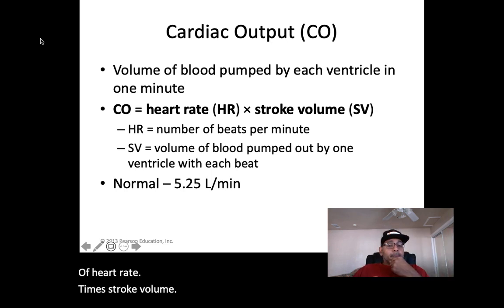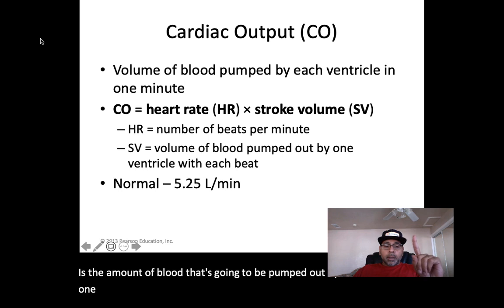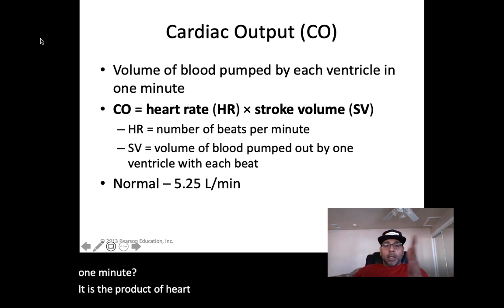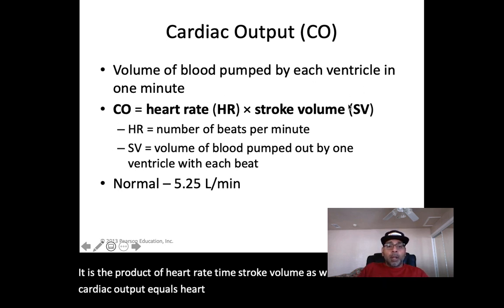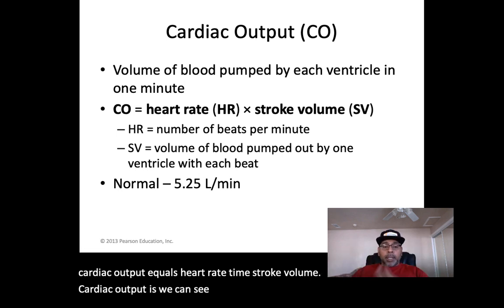Cardiac output is the amount of blood that's going to be pumped out by each ventricle in 1 minute. It is the product of heart rate times stroke volume, as we can see here. Cardiac output equals heart rate times stroke volume. Cardiac output is roughly around 5 liters.